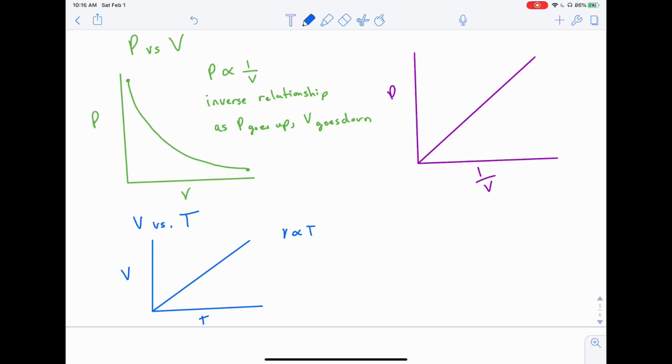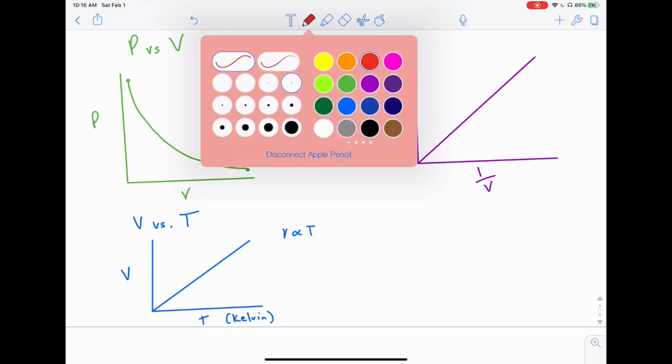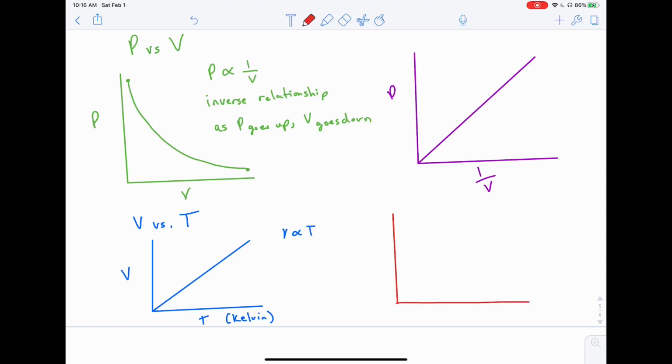Okay. Now, what's the unit of temperature down here? Kelvin. What does this graph look like if this is temperature in degrees Celsius? Okay, it's shifted up. So, what were you thinking?